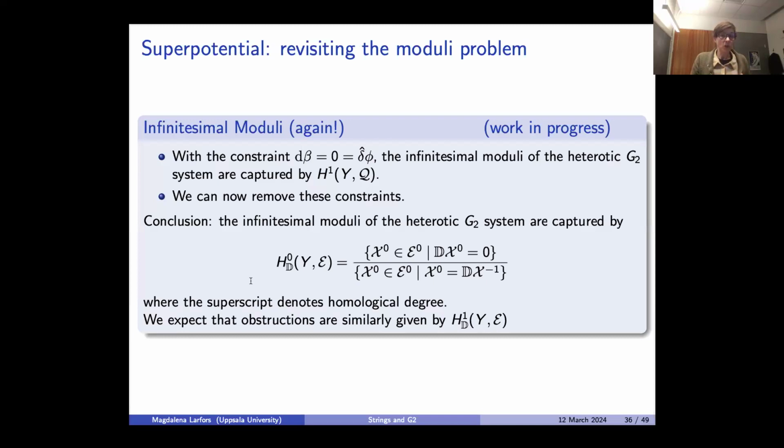So then we can return to the question of the infinitesimal moduli, and just remove the constraint that we had, keeping the dilaton fixed and keeping beta closed. If we relax that, then we see that the infinitesimal moduli are now captured by this kind of cohomology.